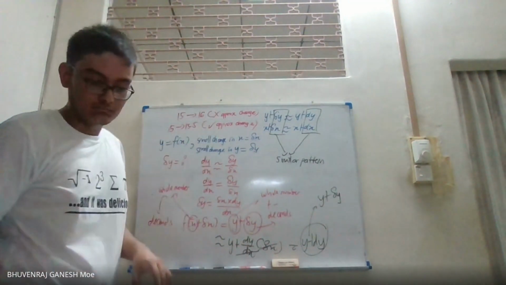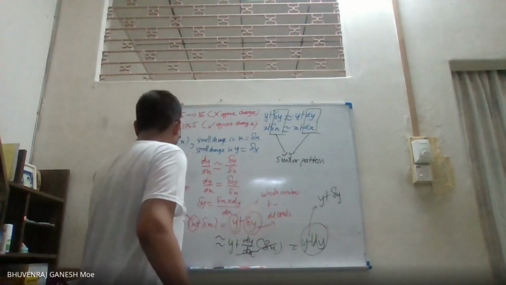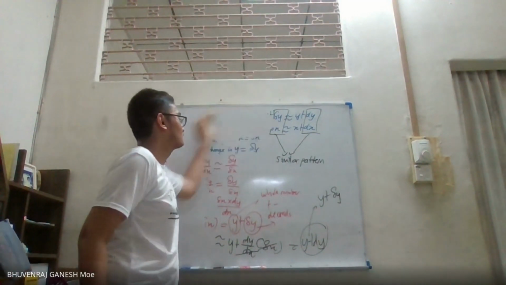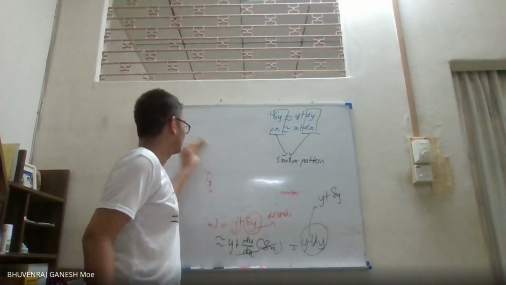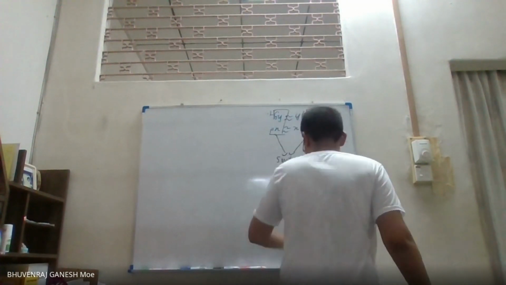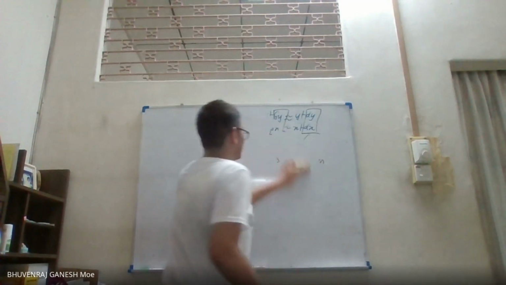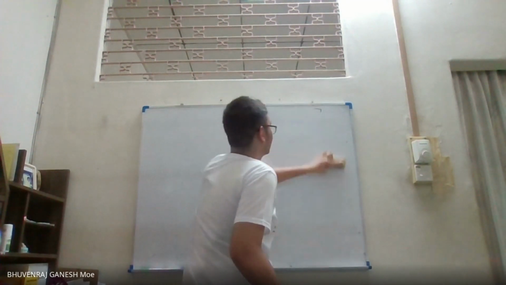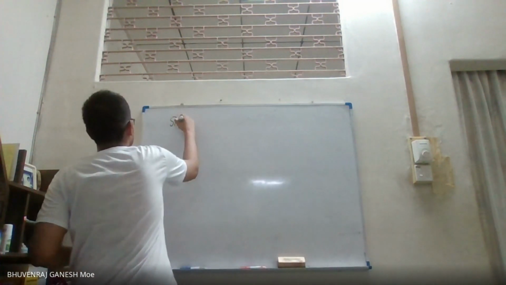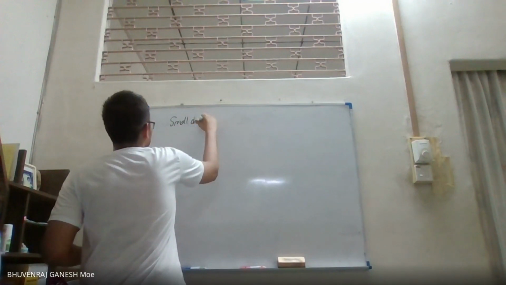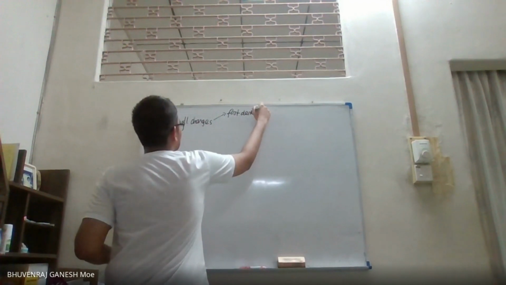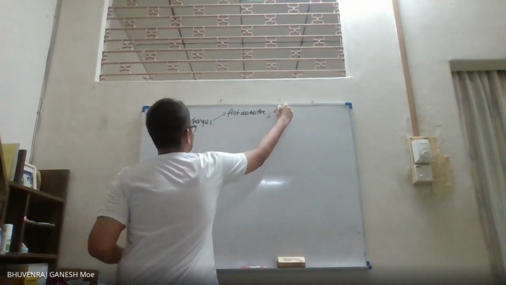From here, we have to apply the knowledge to a question. Small changes and approximations, usually the question is quite short, so fewer marks, of course. First thing you have to know is your first derivative, which is your dy over dx.